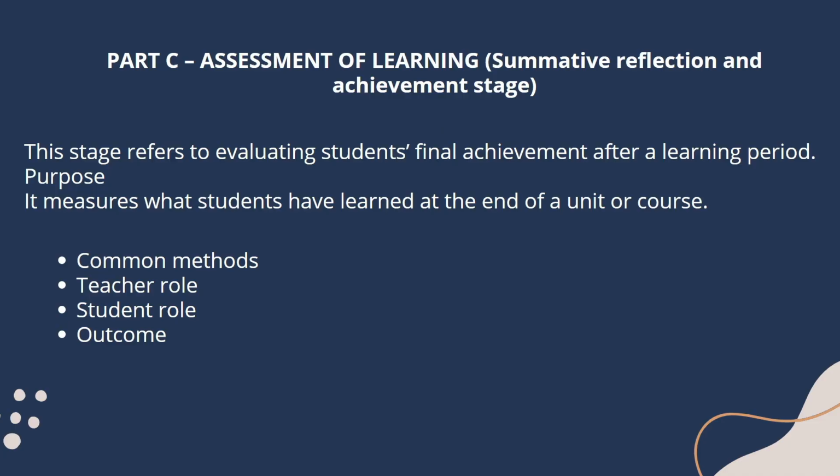The students' role is to demonstrate what they have learned and show their level of understanding. Finally, the outcome is a final judgment of a student's achievement, which helps determine if they learned the goal of the topic.